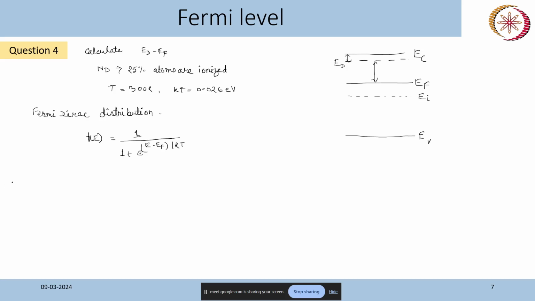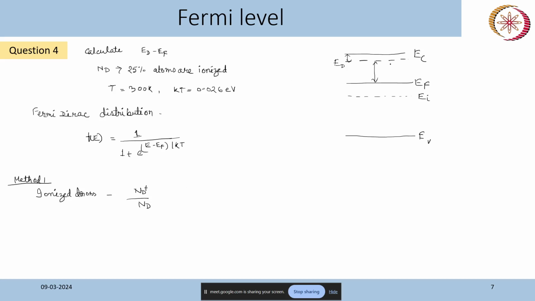So first method. What is given? Ionized donor. We can use the formula for ionized donor. This is ND plus by ND, for the entire material.